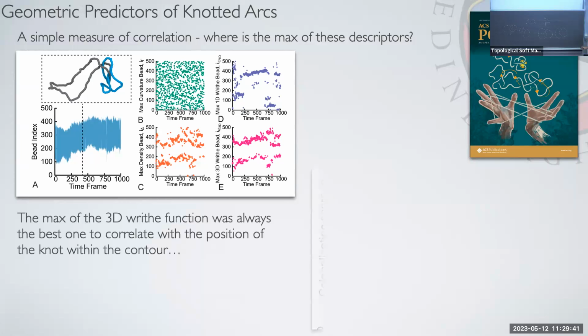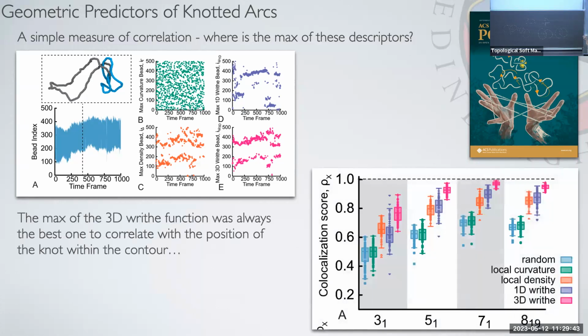In fact, there is a colocalization score: how many times the maximum is actually inside this region. What you get is that the 3D writhe always has a higher colocalization score compared to the random baseline or other geometric descriptors.